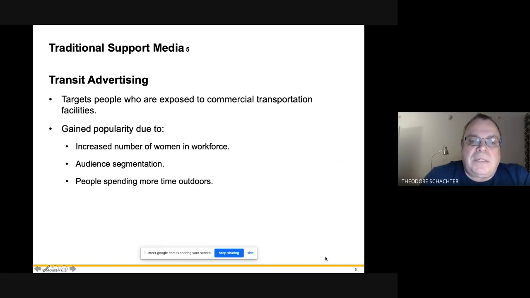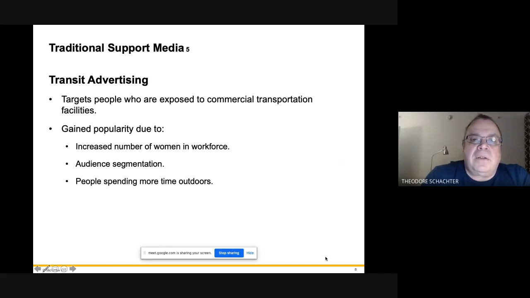Transit advertising, as the name indicates, is the stuff you see on subway platforms, in train stations, in trains themselves, on taxis, in airports, buses. Buses is another one. Anything that involves transit, moving people from one place to another.